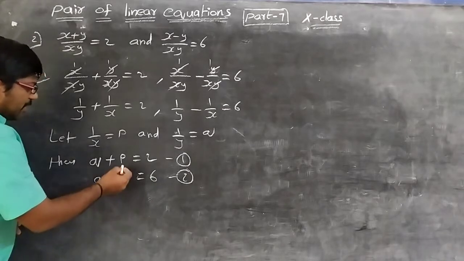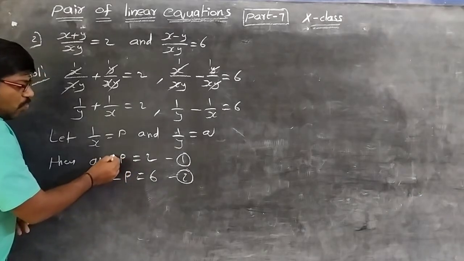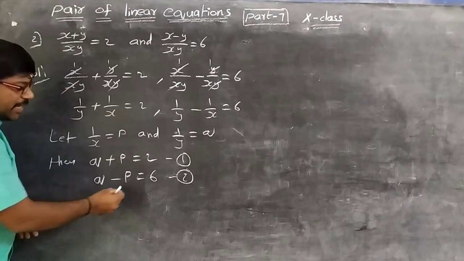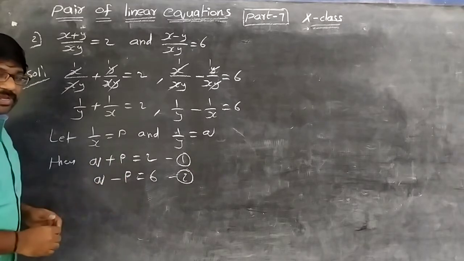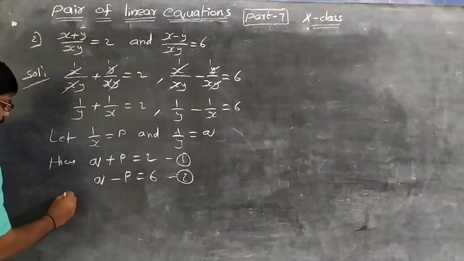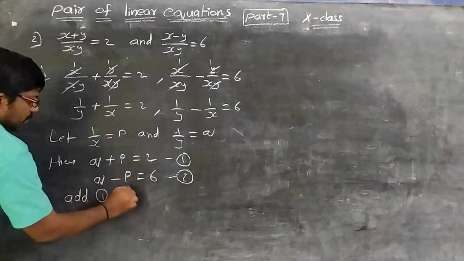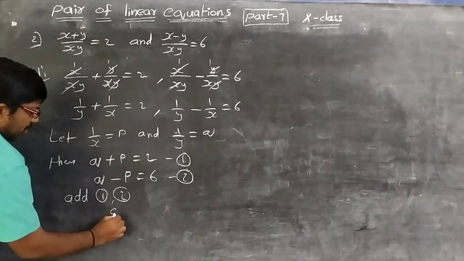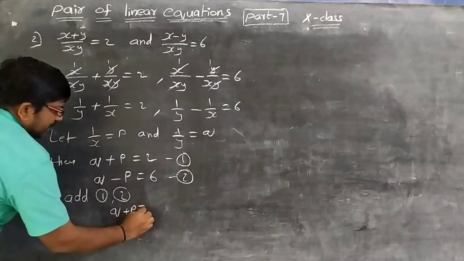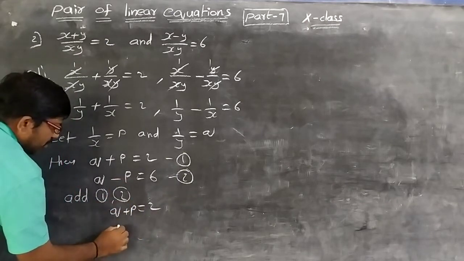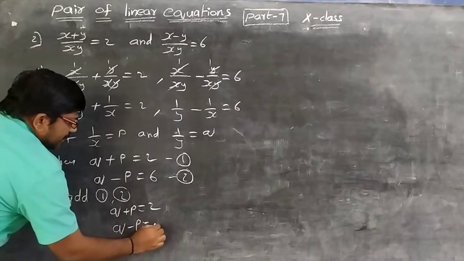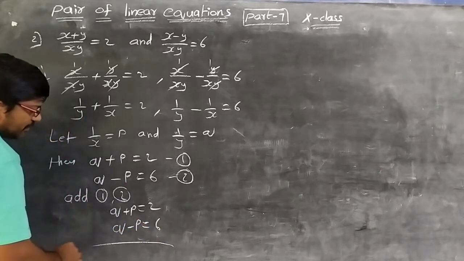Why? Because here p coefficient is 1, and here p coefficient is minus 1, right? Add 1 and 2. The first equation, q plus p is equal to 2. Second equation, q minus p is equal to 6. Come on, add these two.